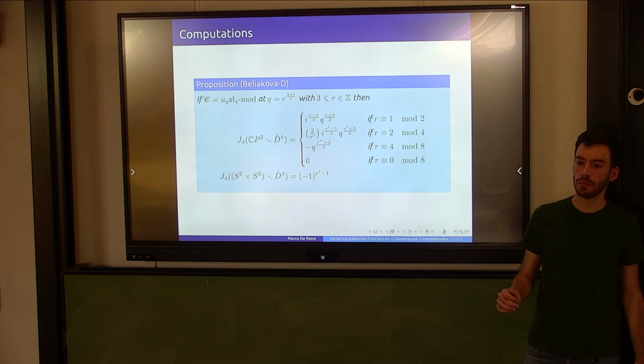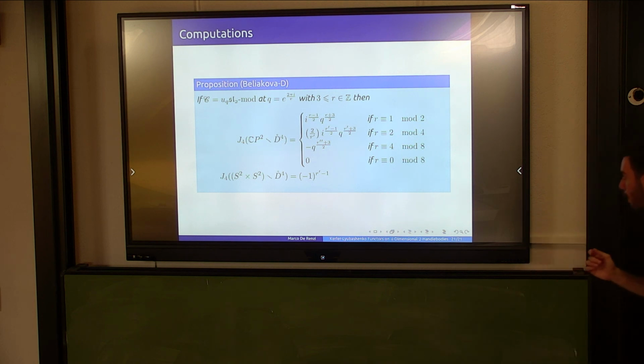You said that it's possible to go to higher rank, is it? Higher rank? Yes, sure. Here you can take any R and you get interesting results for R divisible by 4, right? So if you go to SL3, what are the conditions for R? There are similar conditions that we've not figured out explicitly, like in the SL2 case.